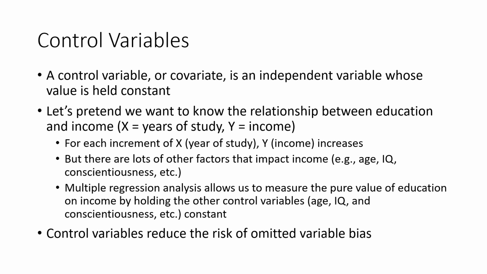So a control variable, also commonly referred to as a covariate, is one of the other independent variables in your equation whose value is being held constant, whose influence is being parceled out so that you can get an understanding of the pure effect of your independent variable of choice on your dependent variable.